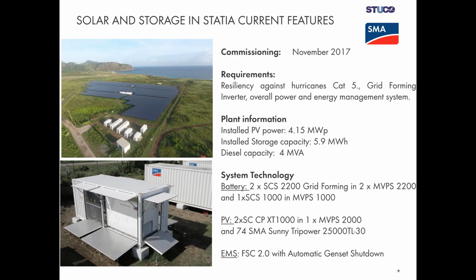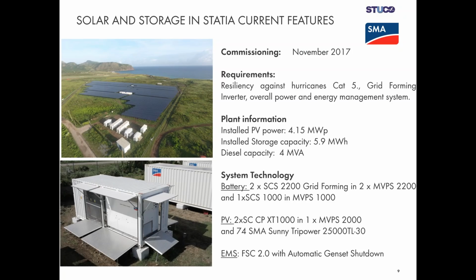Also, the system comprises 2 2200 kVA Sunny Central storage units with 2 medium voltage power stations of 2200 kVA, and also 1 phase 1 Sunny Central storage of 1000 kVA and 1 medium voltage power station of 1000 kVA.